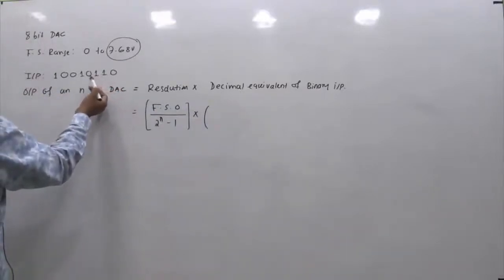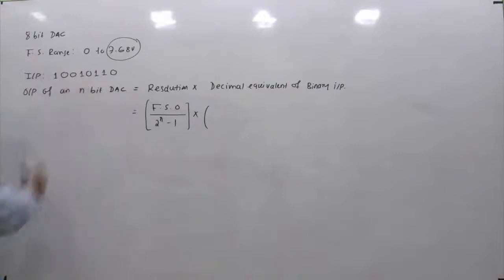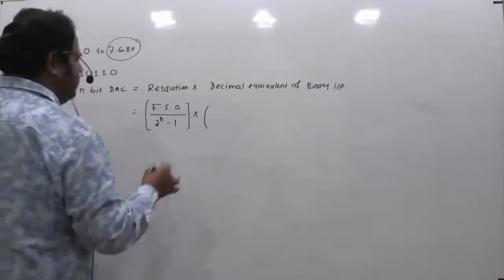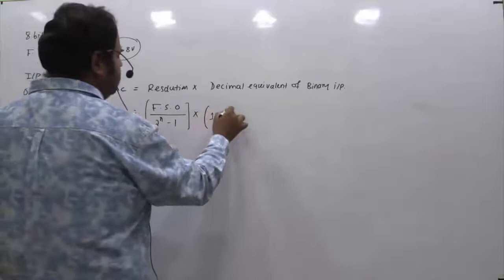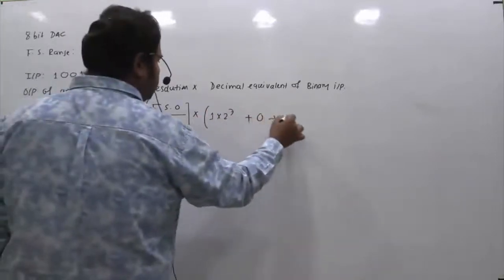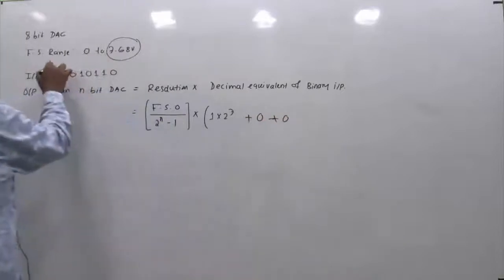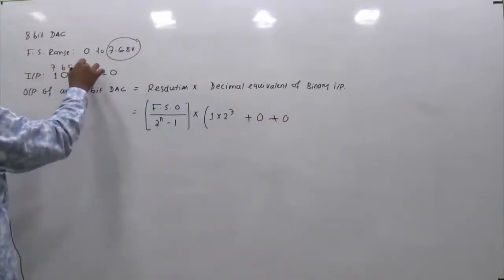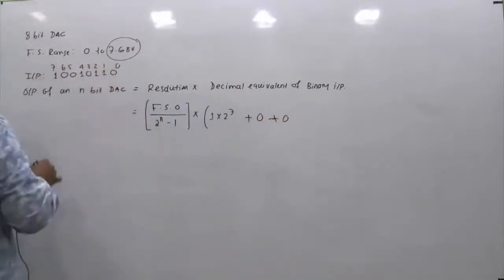2 power 1, 2 power 2, 3, 4, 5, 6, 7. So we have 1 into 2 raised to power 7, plus you have 0, you have 0. So this is 7, this is 6, 5, 4, 3, 2, 1 and 0, right?